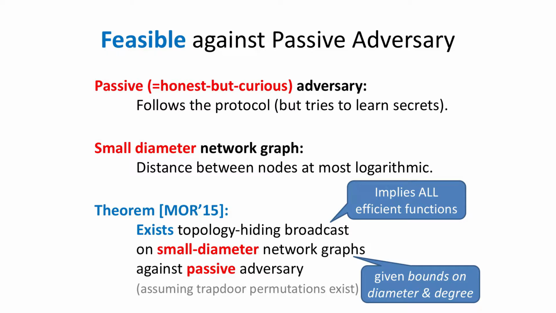The diameter is the maximal distance between 2 nodes of the graph, and they need this diameter to be logarithmic in the number of nodes of the graph. So that's what they show: there exists topology hiding broadcast on small diameter graphs against a passive adversary. And they use generic MPC and whatever assumptions they can build generic MPC from.